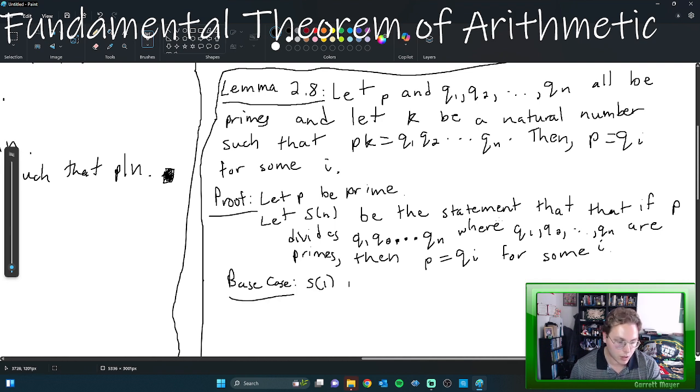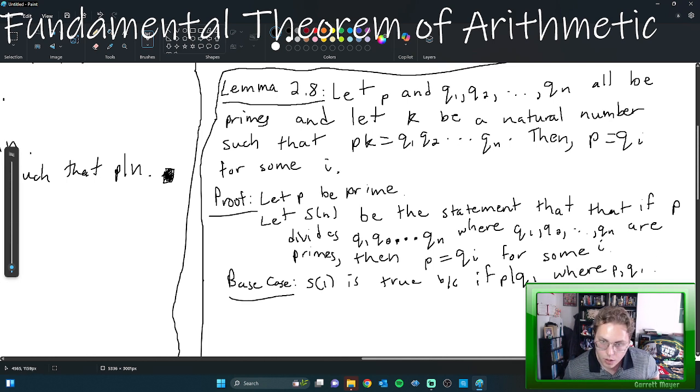S1 is true because, here, let's actually write it like this, shorthand. Because if P divides Q1, where P, Q1 are both prime, then P equals Q1.